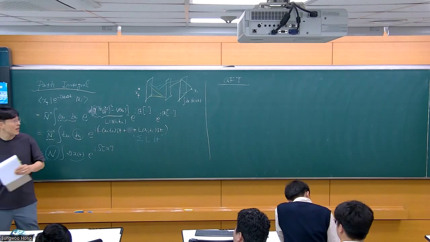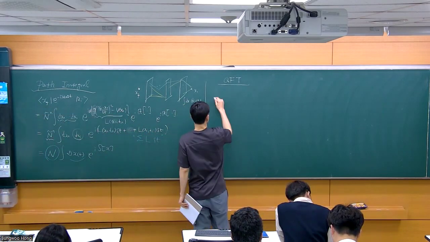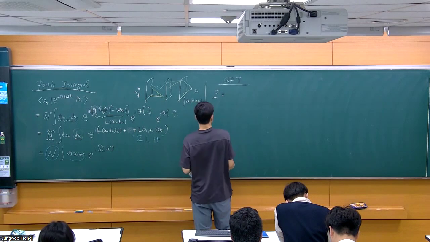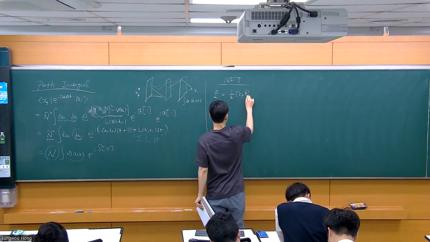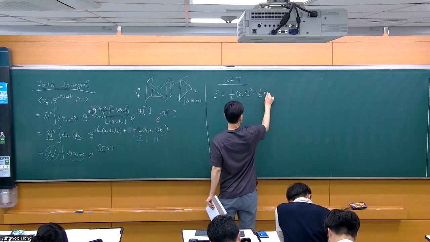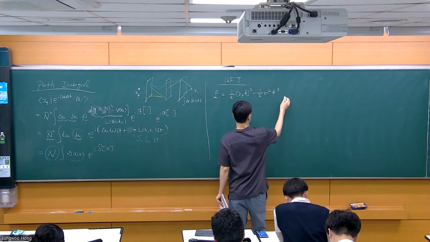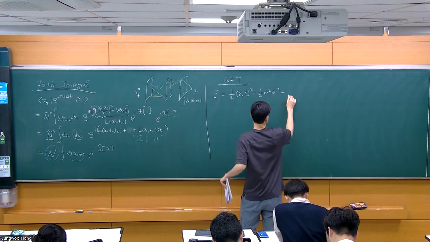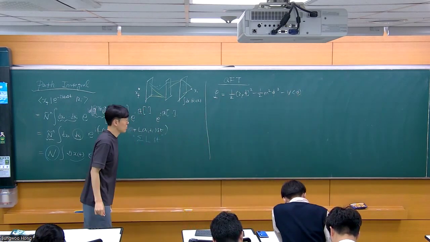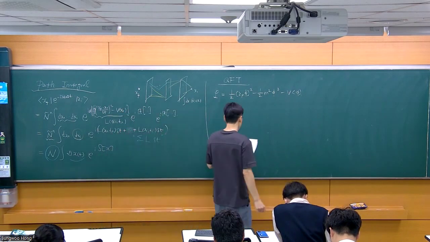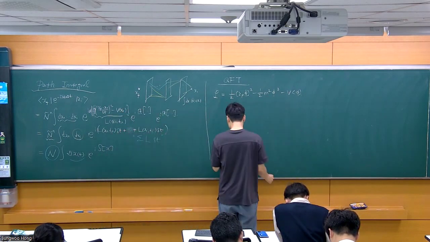So for this, let me take a simple theory, which is a free theory of a real scalar. And possibly I can add some potential. So for now, let me even throw in a possible potential.